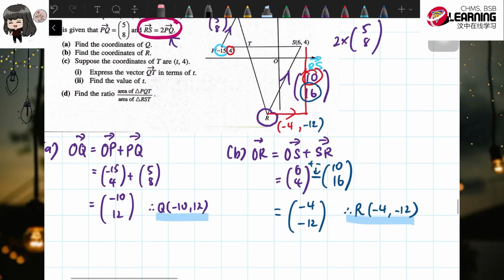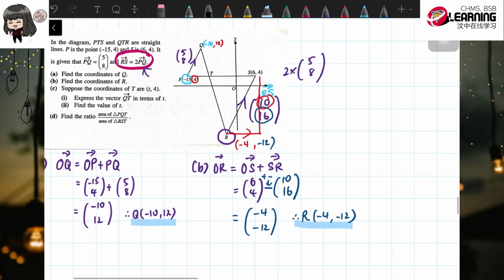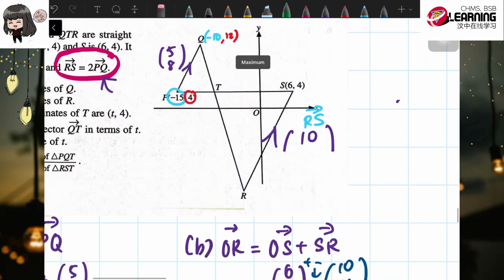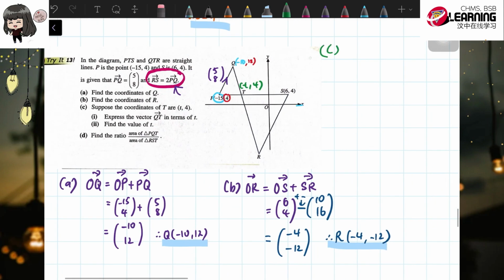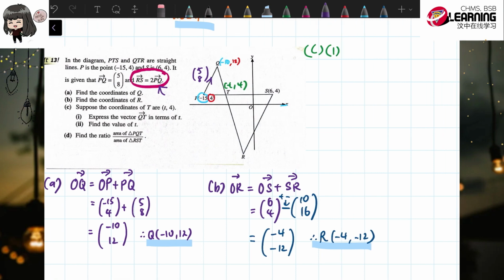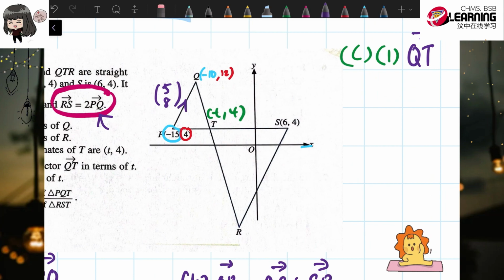Now part C. The question says, suppose the coordinates of T are (t, 4). I'm doing C part 1 here. Express the vector QT in terms of t. You have T here already.